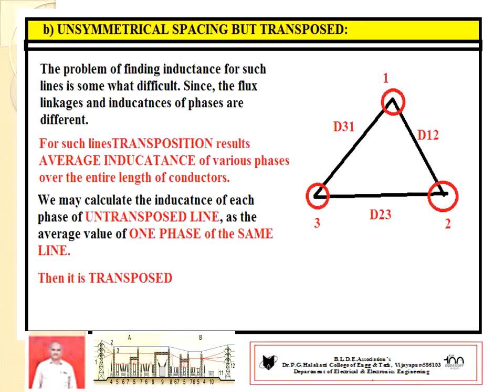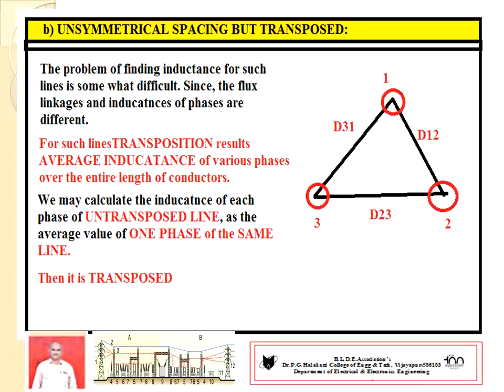For such lines that are transposed, that means we have to take the average inductance of various spaces over the entire length of the conductors. We may calculate first the inductance of each phase of the untransposed line. After that, we have to take the average value.